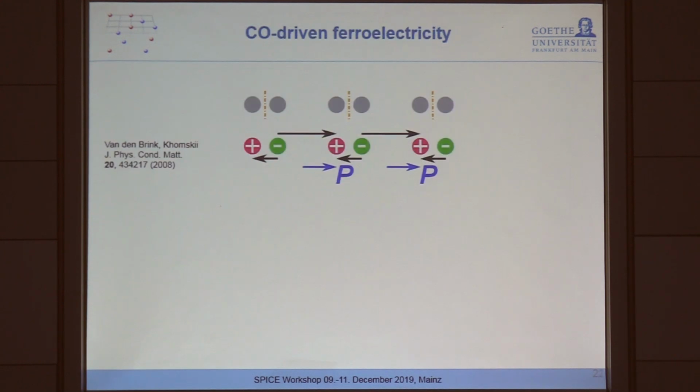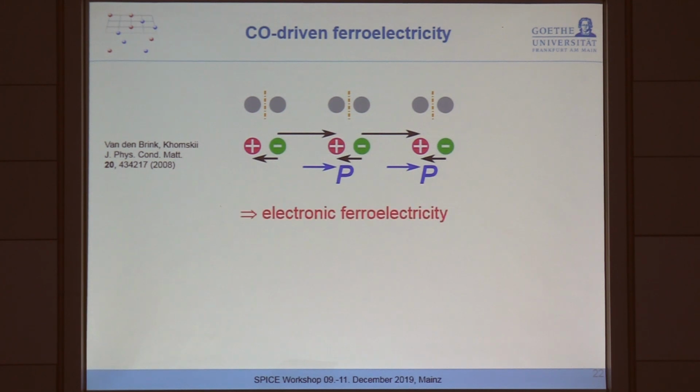And according to van den Brink and Khomskii, this provides a new route towards an electronic ferroelectricity, when the system changes from a situation where you have homogeneously charged molecular states into a situation where you have a charge disproportionation. You induce local electric dipoles, and once this breaks inversion symmetry, then you produce a macroscopic polarization.